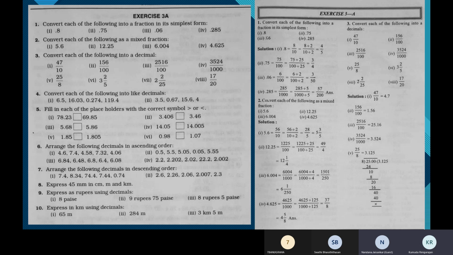Multiply the numerator and denominator by 2. What's the answer? One minute, ma'am, I'll check. Ma'am, 34 by 10, ma'am.